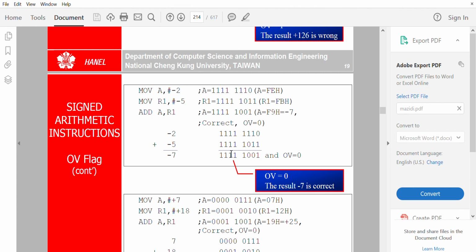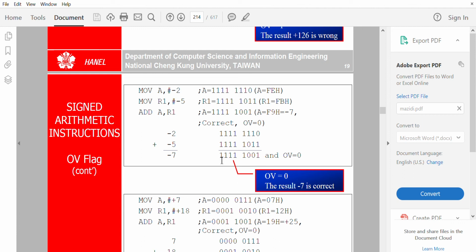Okay. So this is F9. Okay. So F9 means, this is a negative number. So if you take the 2's complement, this will be 0, 0, 0, 0, 0, 1, 1, 0 plus 1. So that is 7. So it is minus 7. So the answer is correct.